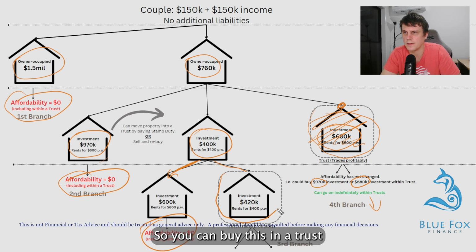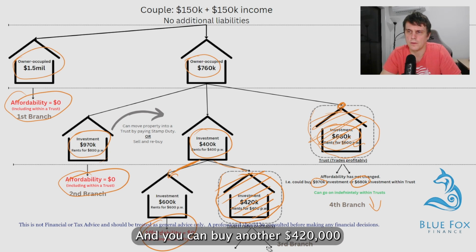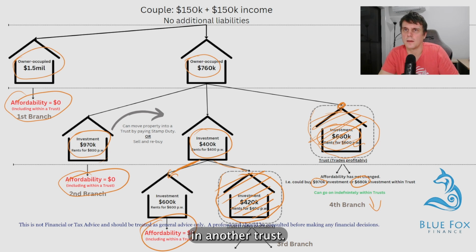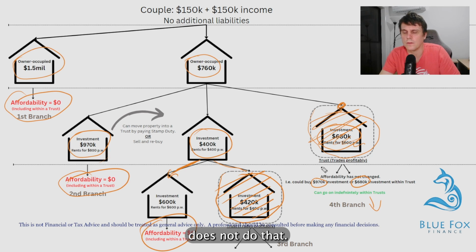So you can buy this in a trust as long as it's positively geared. We can exclude that, and you can buy another 420,000 in another trust. The point is, everything in personal names reduces your affordability until it gets to 0. Everything in a trust, as long as it's positively geared, does not do that.